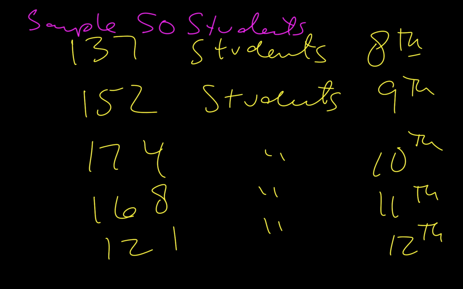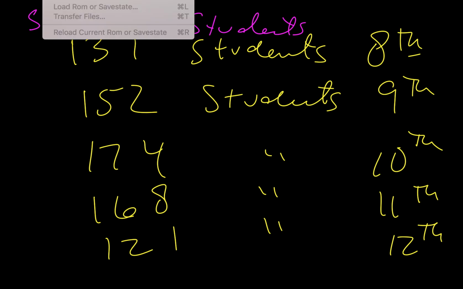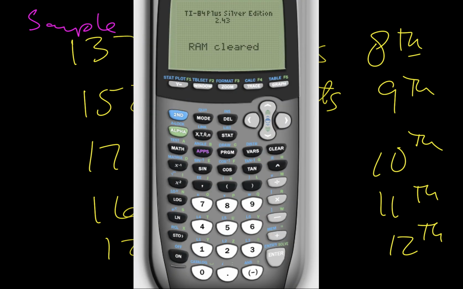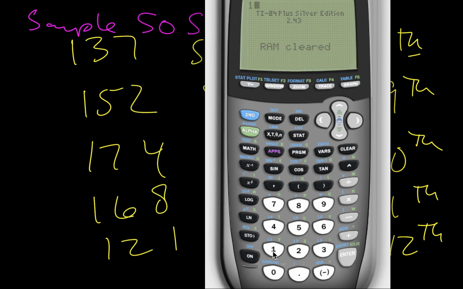Okay. So what we need to know first is the total number of students. So let's open up a calculator and add all these up. I'm just going to do 137 plus 152, 174, 168, and 121.